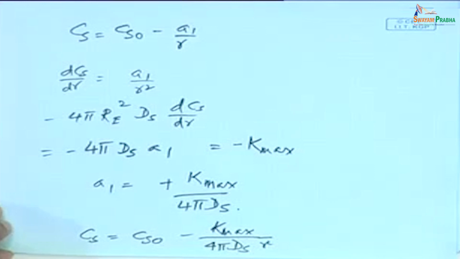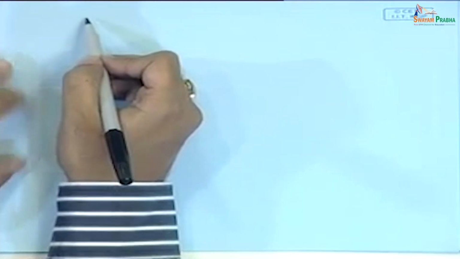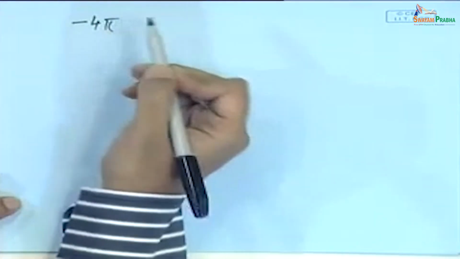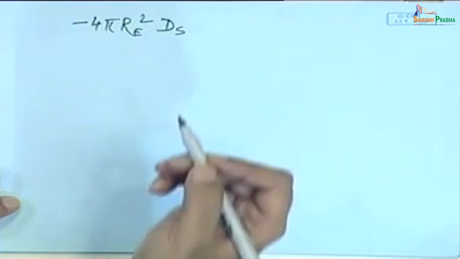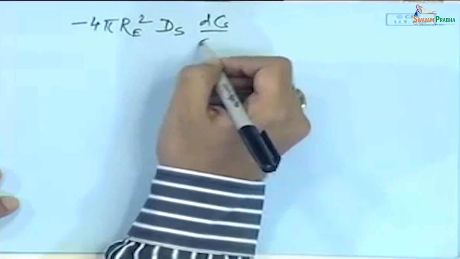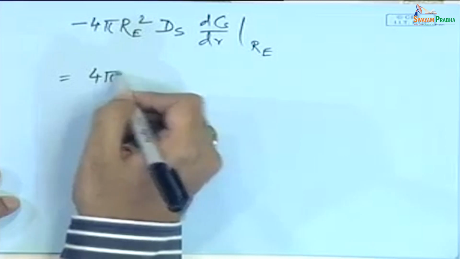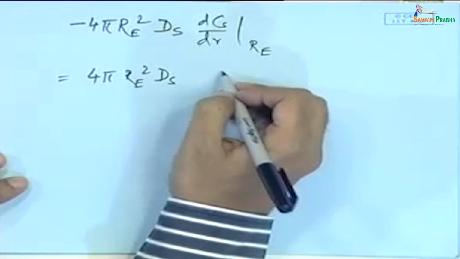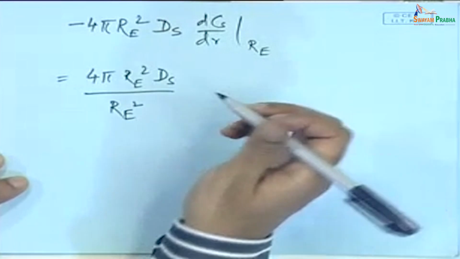We want the profile, and then you have to calculate the flux. So what would you get for the flux? This is a back calculation, but you would still get the same thing: 4 pi Re squared Ds times dCs/dr at r equals Re, which equals 4 pi Re squared Ds times k max over 4 pi Ds Re squared.